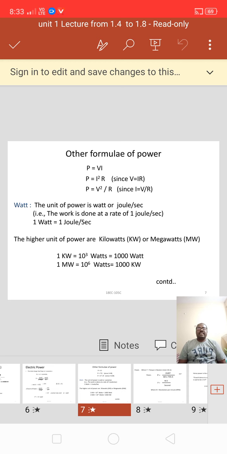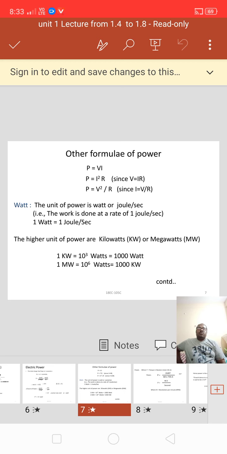Generally we use 1 kg as 10 power 3, that is 1000. In day-to-day life, 1 kg means 1000 grams. In respective power, we have 1 kW equals 10 power 3 watts, that equals 1000 watts.